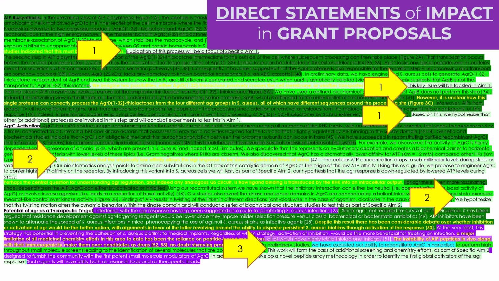This helps immediately show the impact or importance of your grant proposal, because you are stating these direct problems that exist out there in the field, and you are showing right here immediately in your text how your grant proposal is going to address these issues.